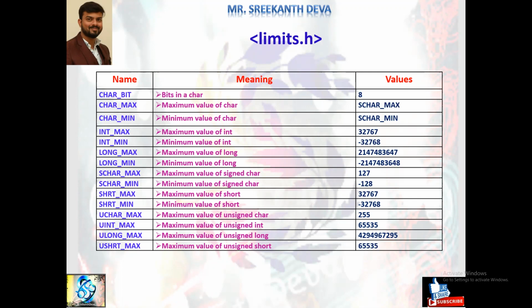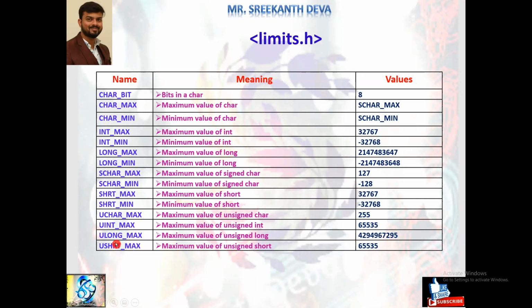Unsigned characters. Like UINT_MAX means unsigned integer. Maximum value of unsigned integer is what? 65,535. The minimum is 0 to 65,535. In case of unsigned integers, the minimum range is 0 to 65,535.